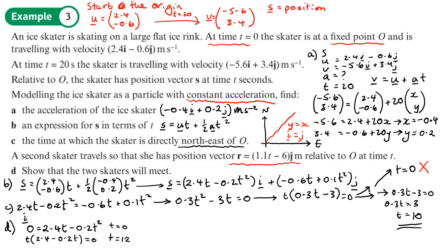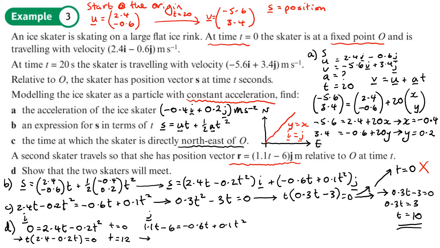Right, okay. Now let's look at the j positions and see what solution we get for that. We must do the i and the j. Just because their i positions are the same doesn't mean their j positions are the same. So the j position of the second skater is 1.1t minus 6, and for the other skater that is minus 0.6t plus 0.1t squared. So we can put all of that together on one side.